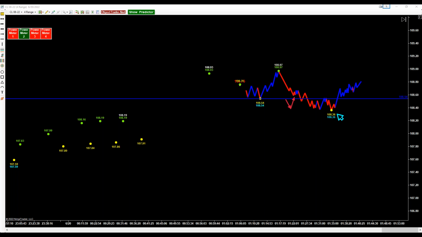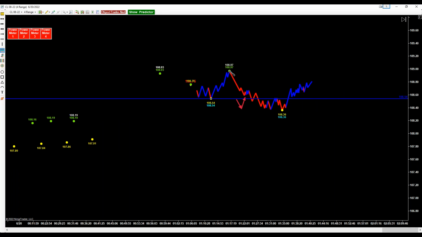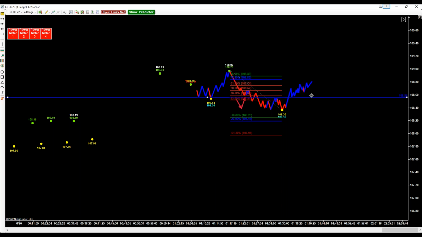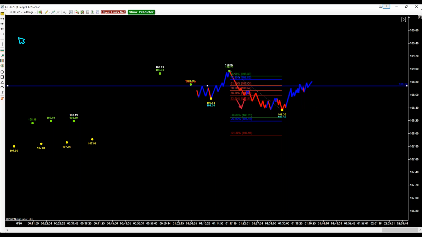Let's see what this is right here. This is our fib. $61 is right there. Draw a trend line on it. I'll bet that's a phantom, truthfully. It looks like one to me.